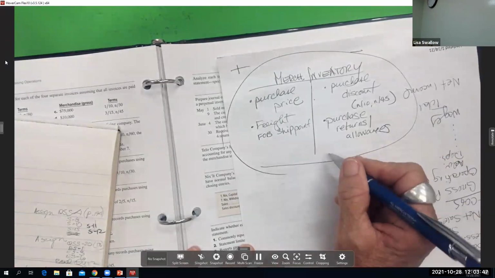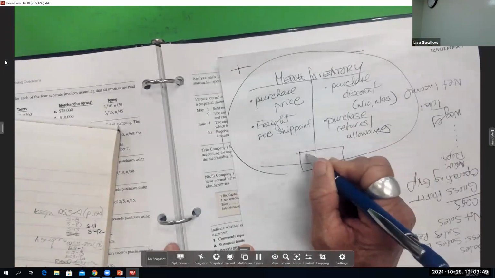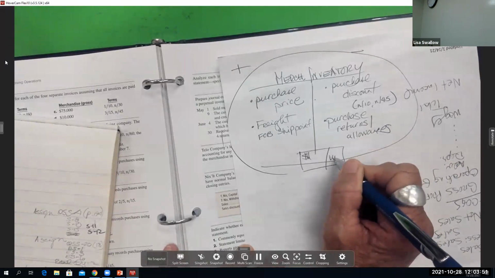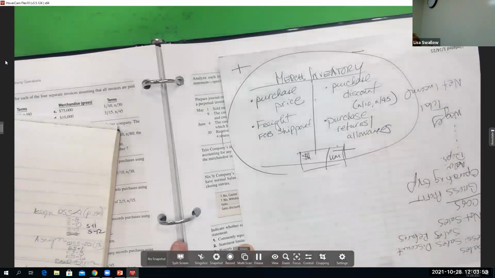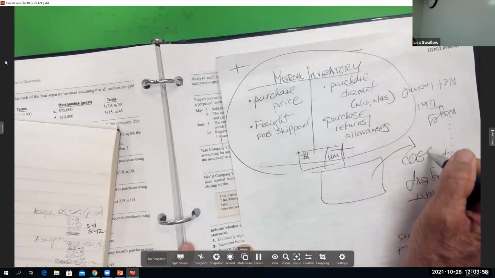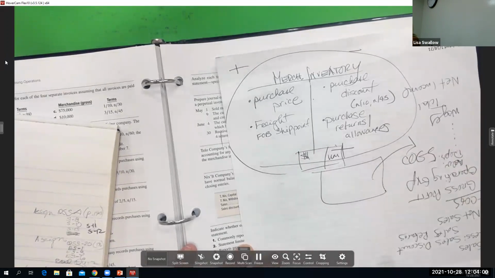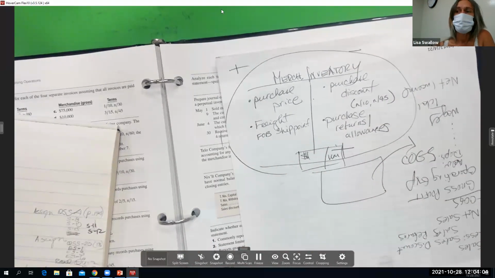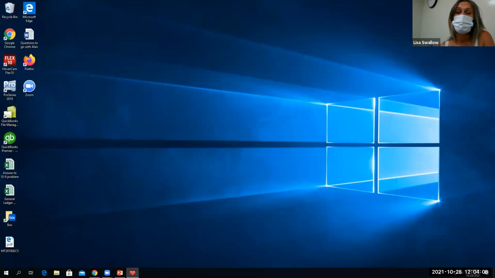It will eventually, but this all comes into that dollar amount per unit. And then, yes, that will move out of here and into COGS. Absolutely. Okay, what happens if that freight on those consoles was paid for by the seller?